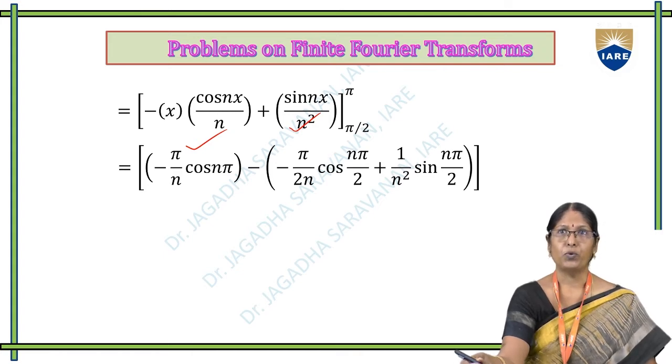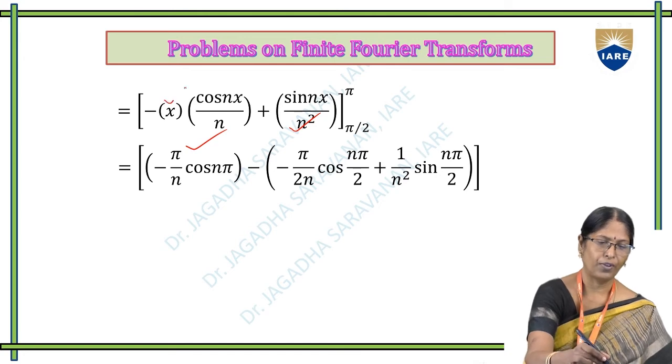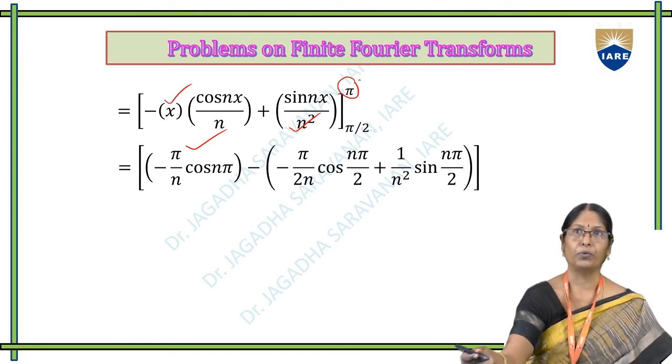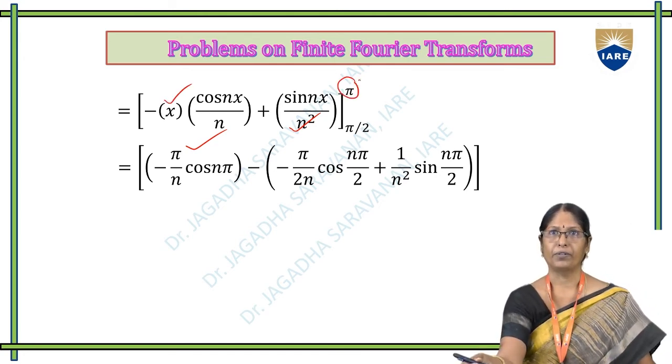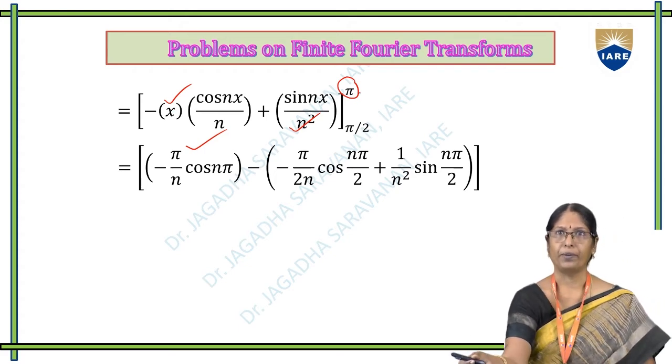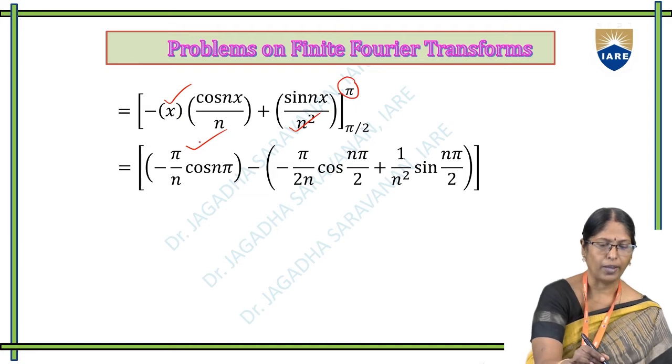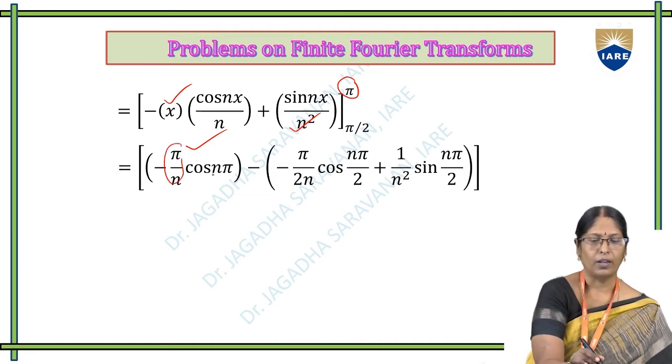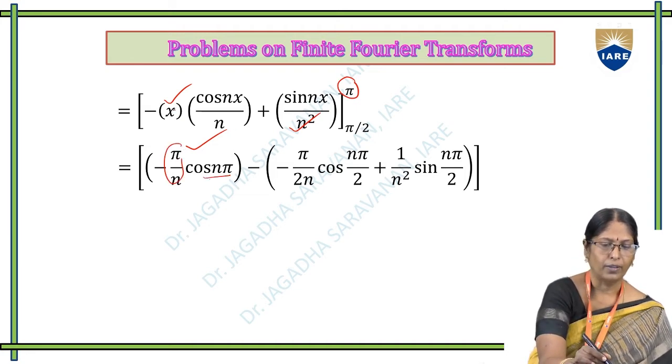So we will substitute the upper limit. That is, in the place of x, we are going to substitute our upper limit. So x is taking the position pi. So minus pi by n cos n pi.